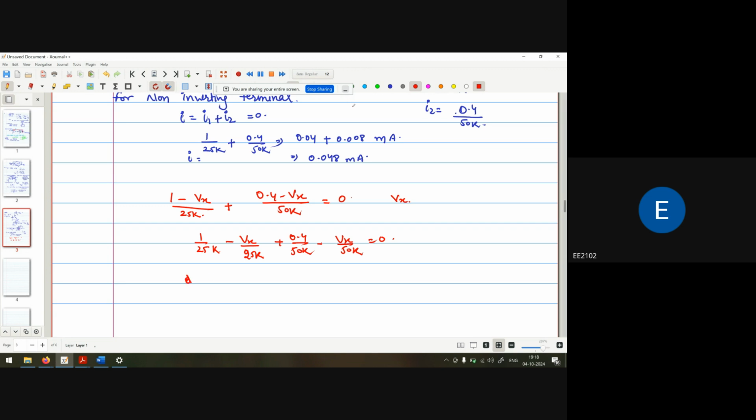So 3Vx upon 50 is equal to 0.048 into 10 to the power minus 3. So Vx is 0.048 into 50 divided by 3 millivolt. Okay. So now you get the value 16 multiplied by 50. That is 800 millivolts. Yes, sir.